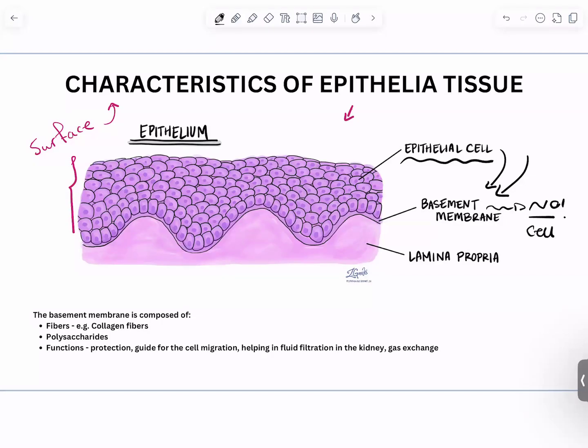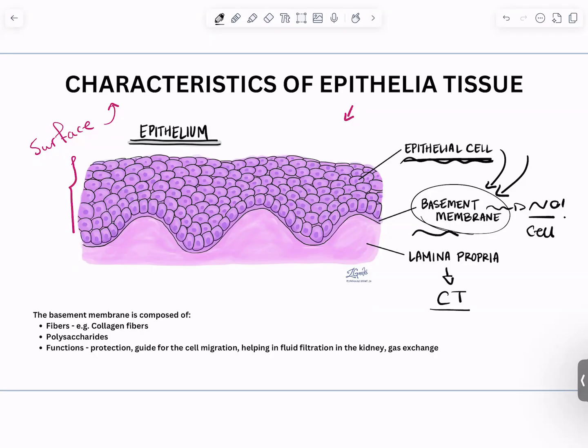What is the function of the basement membrane? The basement membrane, as you can see, is between the epithelial tissue and connective tissue, CT. So there's a connection between the epithelial tissue and the layers below it, which is usually connective tissue.